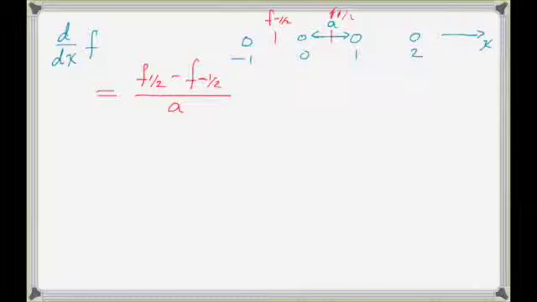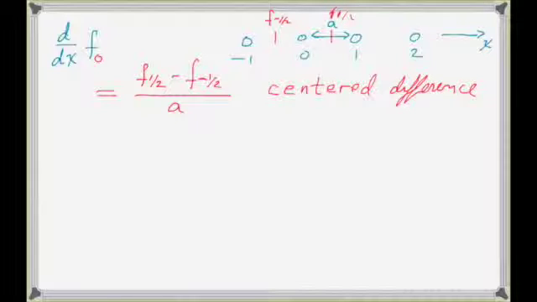Take the difference, divide by a, and that would be the way I get my derivative at site 0. That's using what you learned about right difference and left difference. This would be centered difference, because I'm taking the value to the right and the left, taking the difference, so the difference is centered around the value that you're trying to calculate.